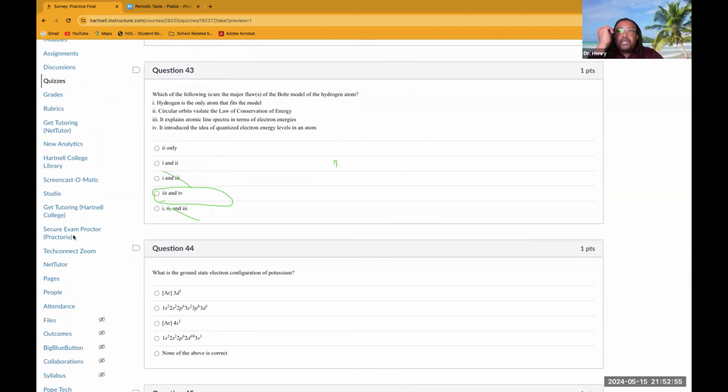Okay, 43. Which of the following is or are the major flaws of the Bohr model of hydrogen? 1, hydrogen is the only atom that fits the model. 2, circulating orbits violate the law of conservation of energy. 3, it explains the atomic line spectra in terms of the electron energy. 4, it introduced the idea of quantized electron energy levels in the atom.